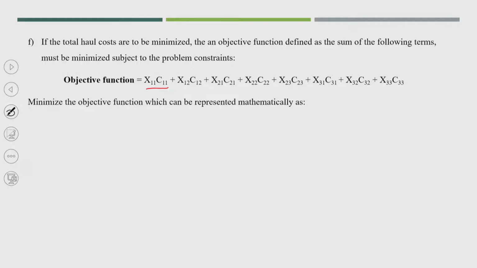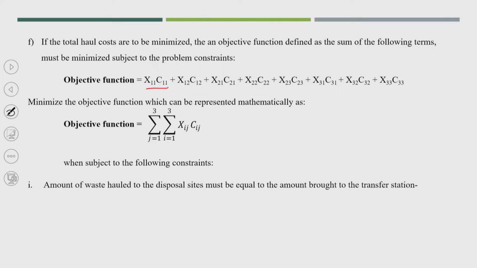Mathematically we can represent this objective function as the sum of x_ij multiplied by c_ij, where i is 1, 2, 3 and j is 1, 2, 3.